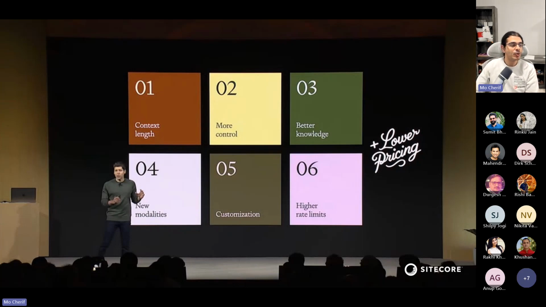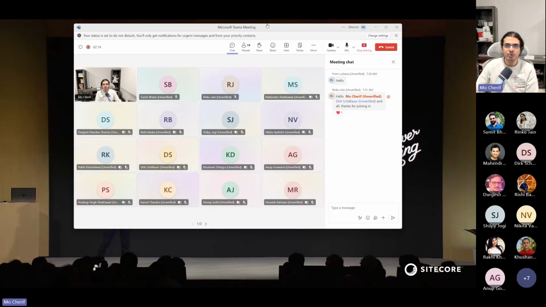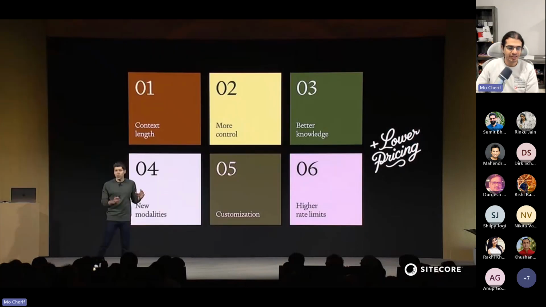One of the things that is really important is how this is affecting us. But before we go into how it's affecting the experience in general, Sitecore being a marketer-first digital experience, we look at this in multiple factors. But I want to focus on one factor today, which is digital experience plus generative UI.